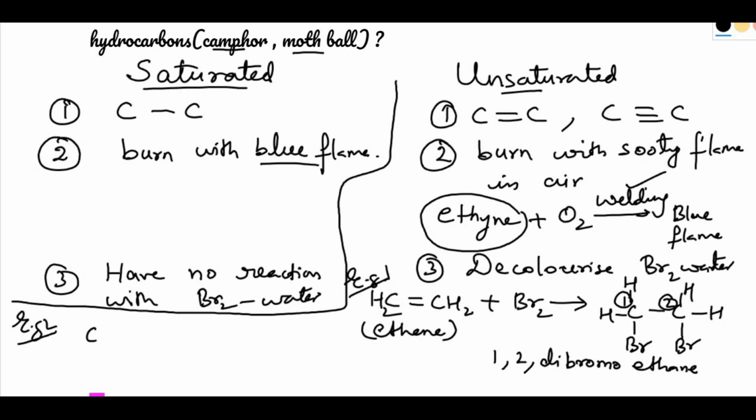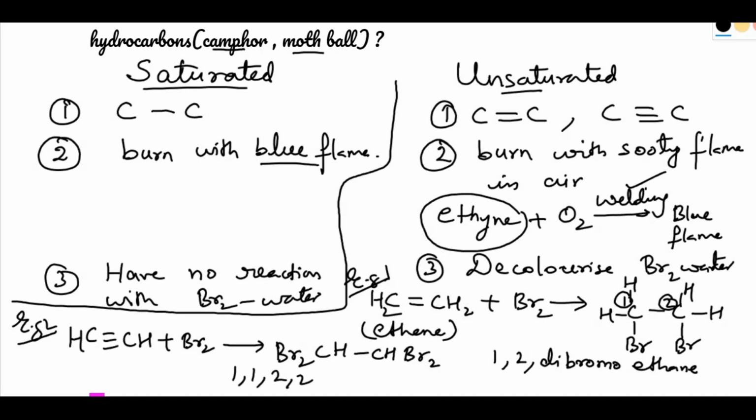When ethyne, an unsaturated hydrocarbon, reacts with bromine water, Br2, this forms CHBr2-CHBr2, and its name is 1,1,2,2. That means one bromine in this direction, one bromine in this direction, and one hydrogen. So that's why in numbering, if you do 1,1, and here this carbon gets the second number, that's why 1,1,2,2.